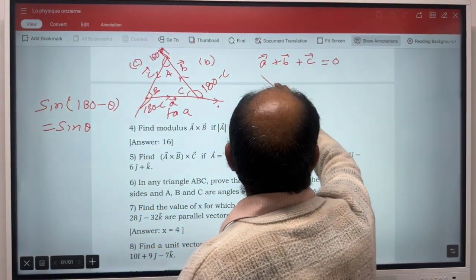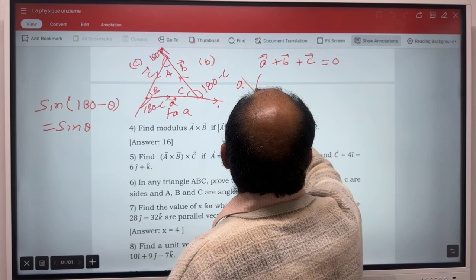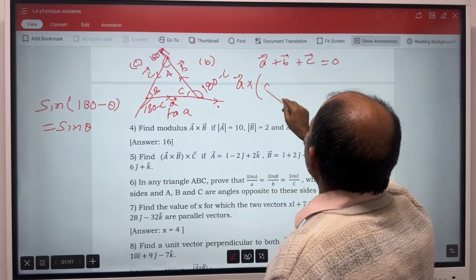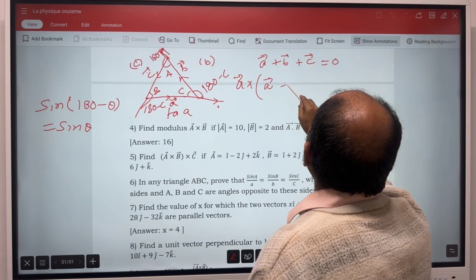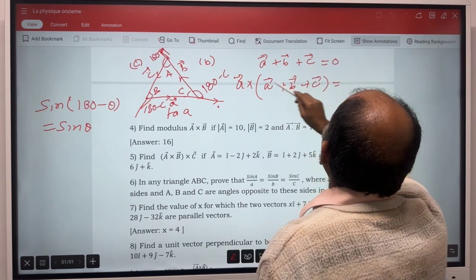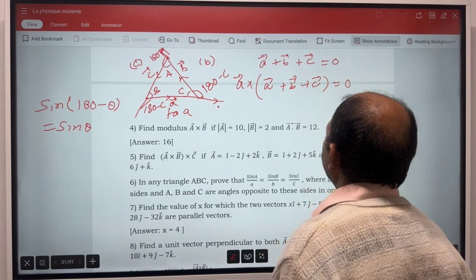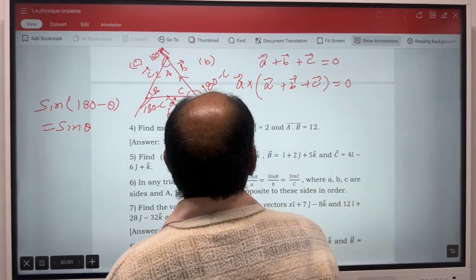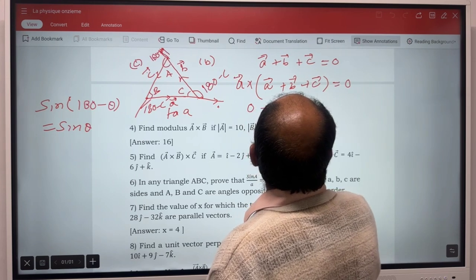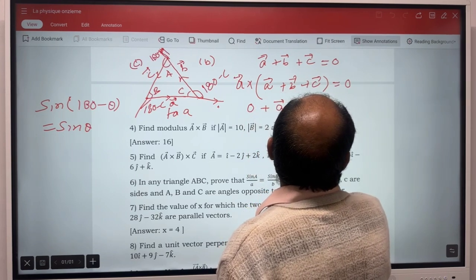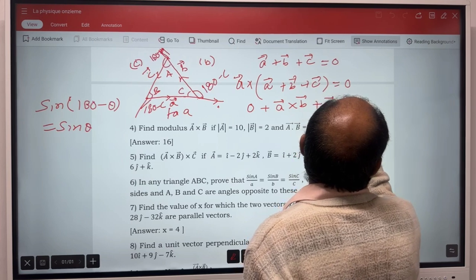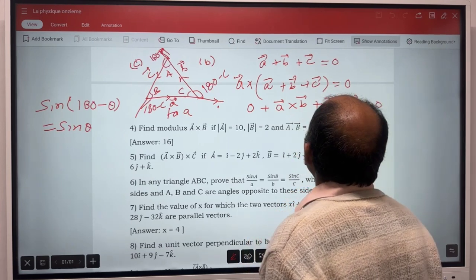Now let's take cross multiplication with vector A with all. A cross (A plus B plus C) equals A cross 0, say it is the 0 vector. Now, you know, the cross product of the same vector is 0, so 0 plus A cross B plus A cross C equals 0.